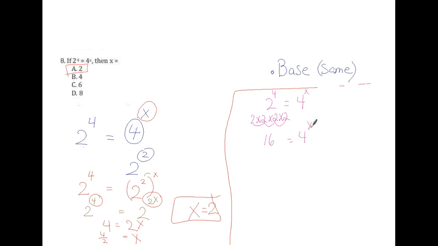Okay, so 4 to the power what? It's 16. So 16 is 4 squared equals 4 to the power x. Therefore, x is a 2. Or you can say that 4 squared is 16, so x has to be a 2.